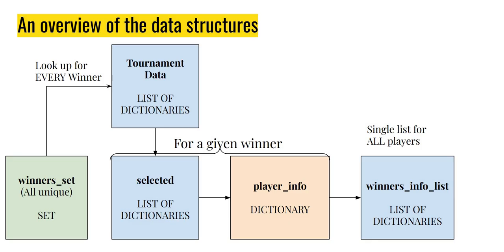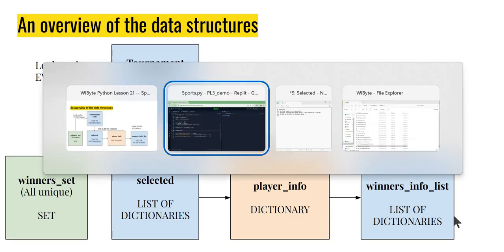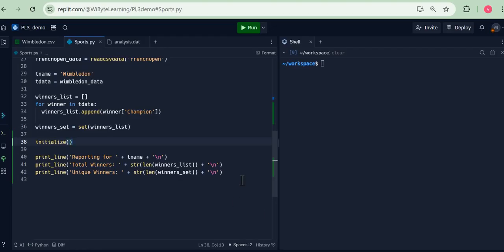Now, having understood this bit of the view, let's start coding this, because that's when it becomes more clear. So I come into the program that I've been developing. Like I said, I will create a winners info list. This is going to be a list of dictionaries. However, for now I just initialize it to an empty list.